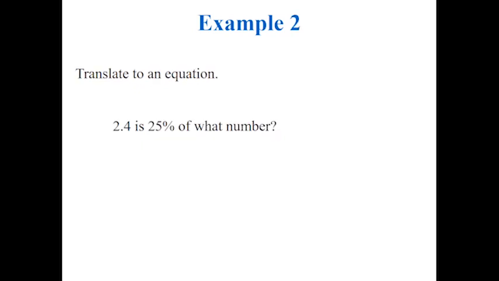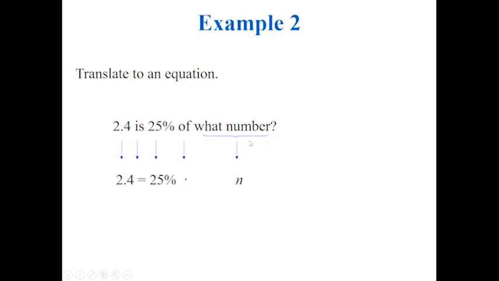Let's do another. 2.4 is 25% of what number? Now, when we have one of these, the first step is never going to change. The first step is always is becomes equals, of becomes multiplication.